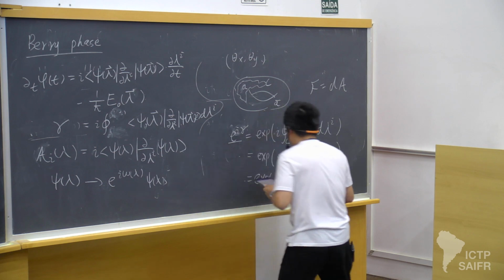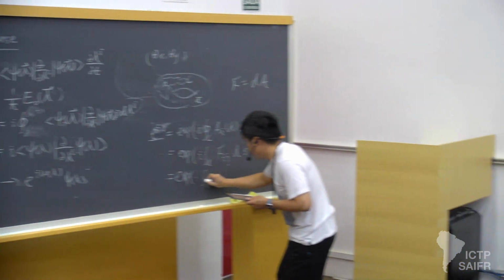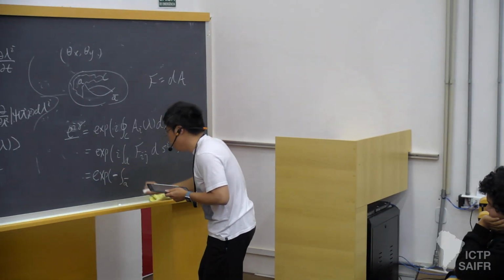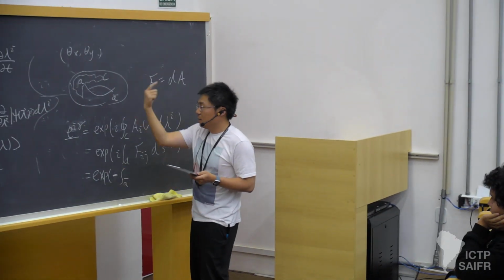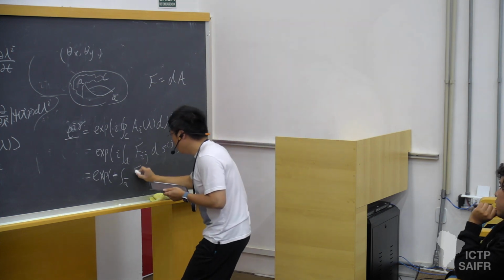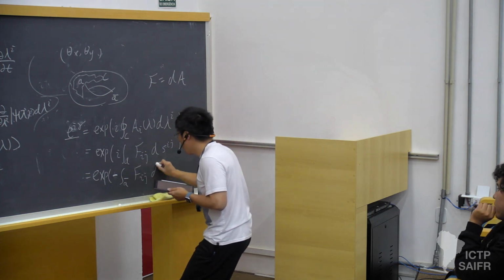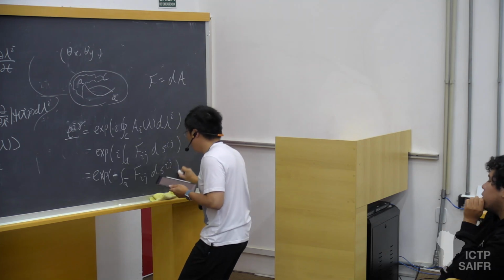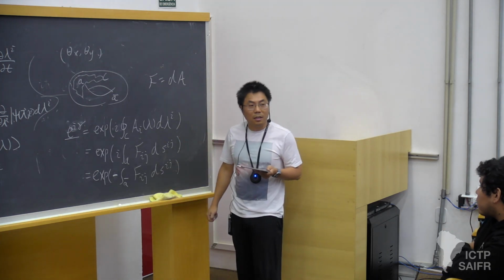I think that there should be a minus sign there, depending on how you do the integral for the directions, right? And that should be equal to each other, right? Right.